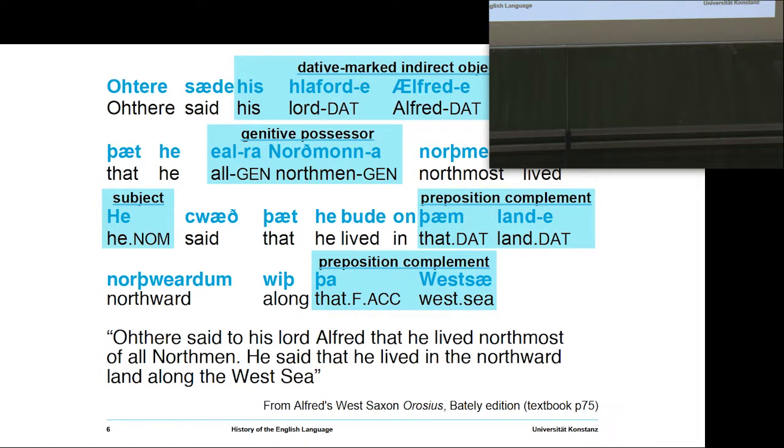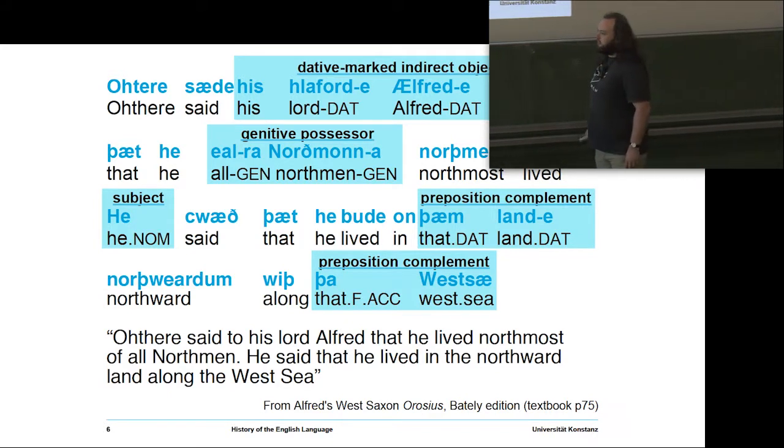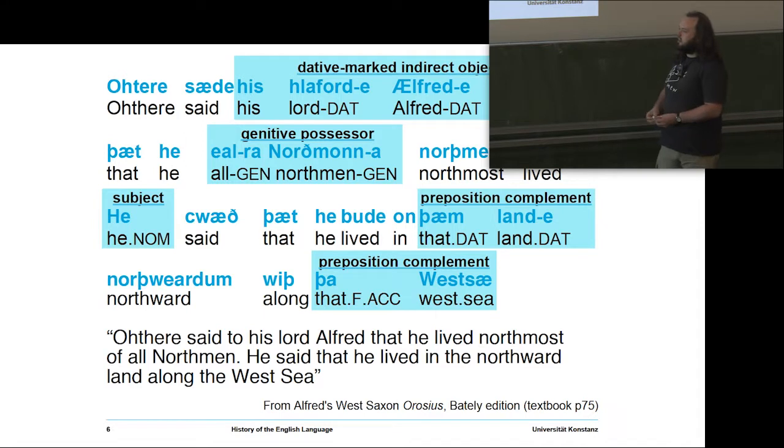Another dative ending, an e, right? And because of the way the Old English system is set up, an e is a little bit more unambiguous as a case ending than it is in a language like German. So this e here indicates very strongly that you're dealing with a dative form.